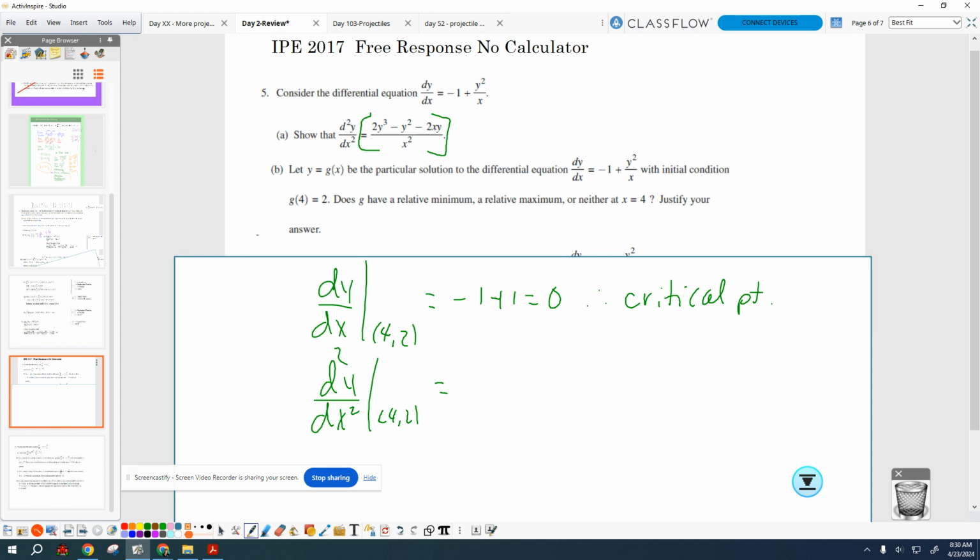Positive or negative overall? Negative. You don't actually have to give a number, you can just say the second derivative there is negative, therefore concave down. Concave down. So that critical point's going to be a max.